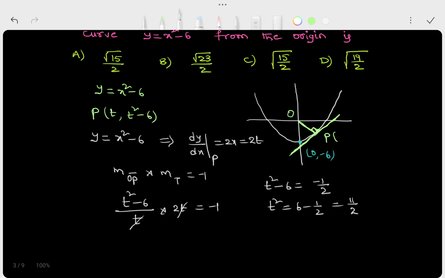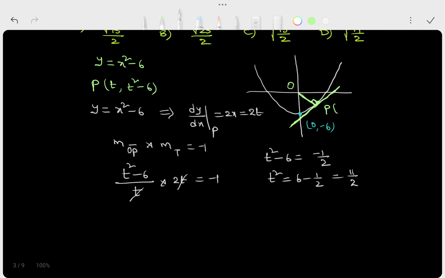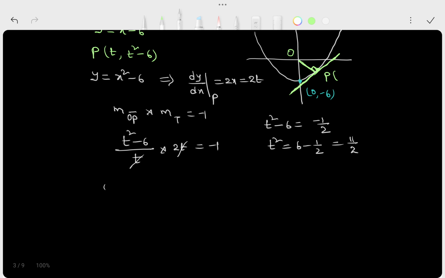So now our required value will be OP, which is the distance between the origin and point P. That will be the square root of t square plus (t square minus 6) whole square. Okay, clear?